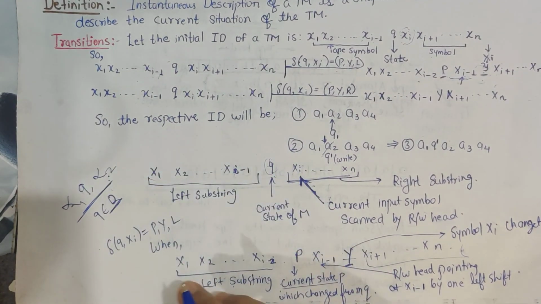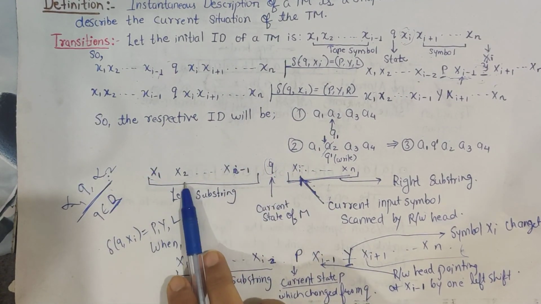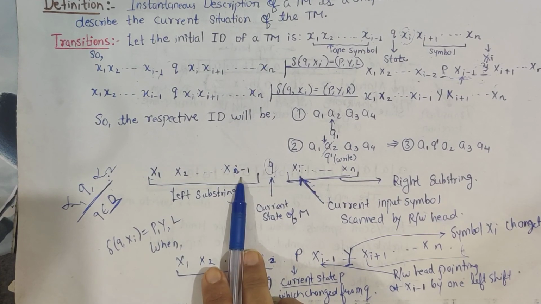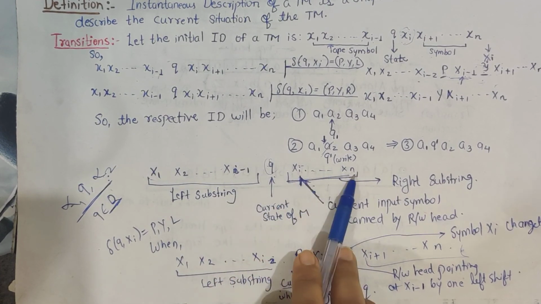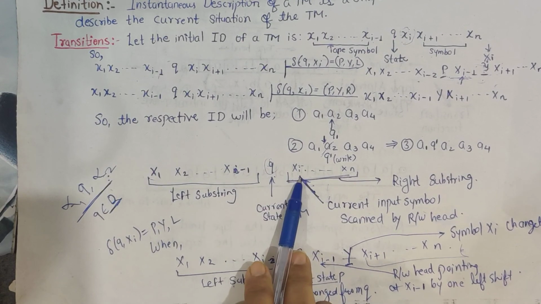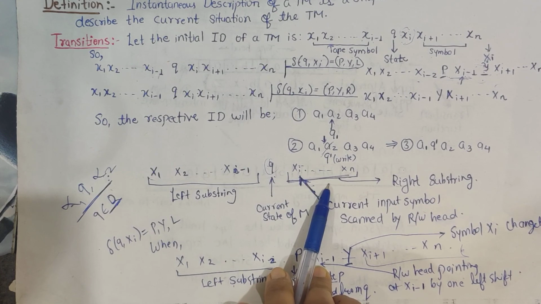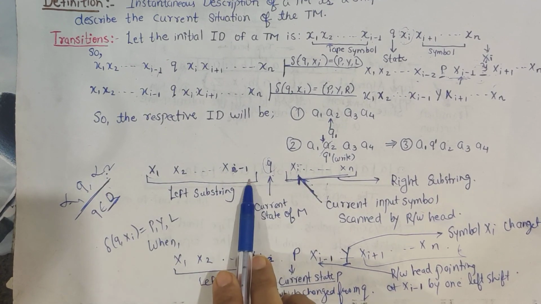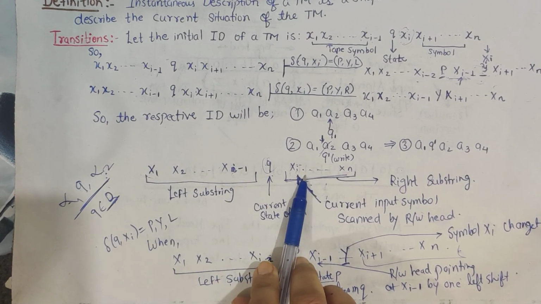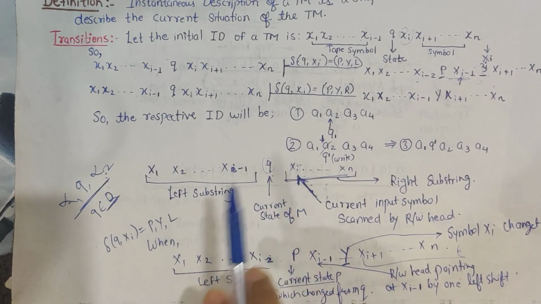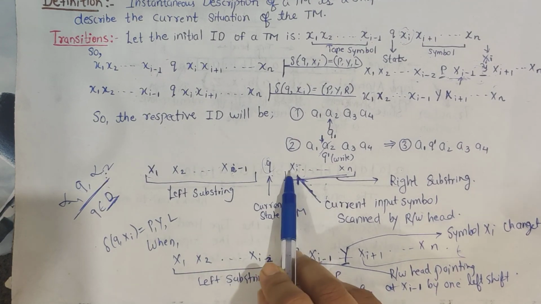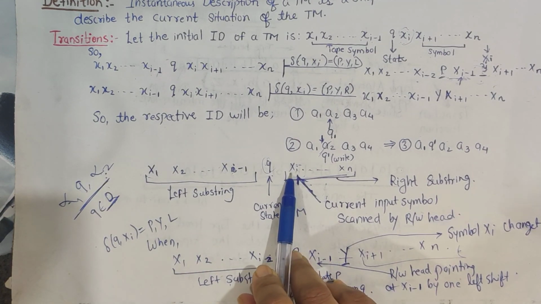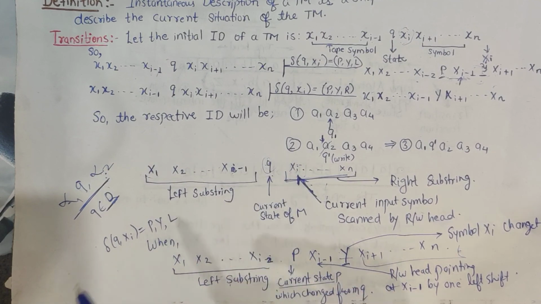Okay, so let x1 x2 up to x(i-1) q xi up to xn be the ID, meaning the instantaneous description, where the current state of the Turing machine is q. The current read-write head is at the input symbol xi, where the input string on the tape is x1 to xn.